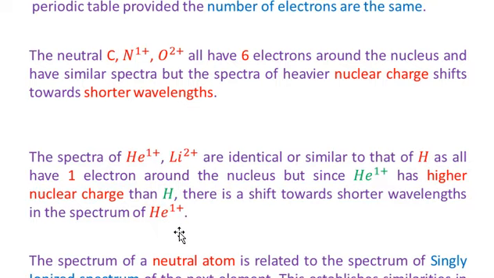This is what we saw in the previous table, where we compared the Pickering series of singly ionized helium for even principal quantum numbers with the Balmer series of the hydrogen atom. The values were more or less the same, but there was a slight shift towards shorter wavelengths, and the reason has been given in this slide.